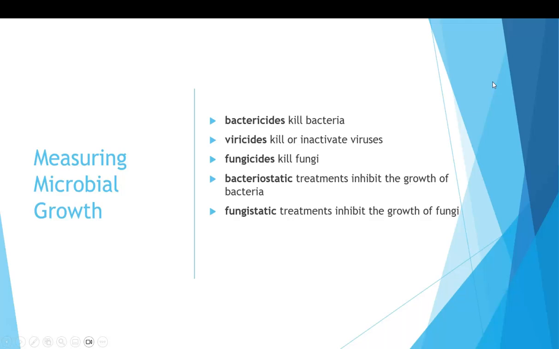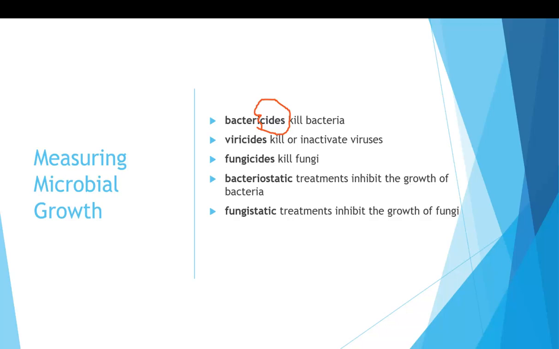There are different ways that we can measure microbial growth, and these are definitions that you need to know. One is cidal. For example, bactericidal: when you see bactericidal on a chemical, it means it can kill bacteria. Viricidal or virucidal chemicals or techniques kill or inactivate viruses.